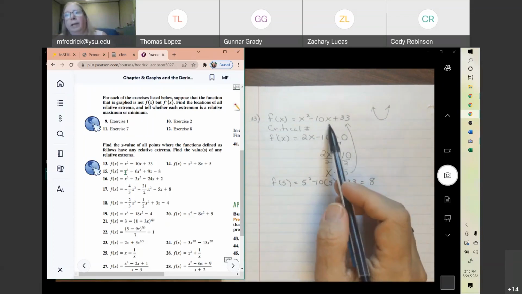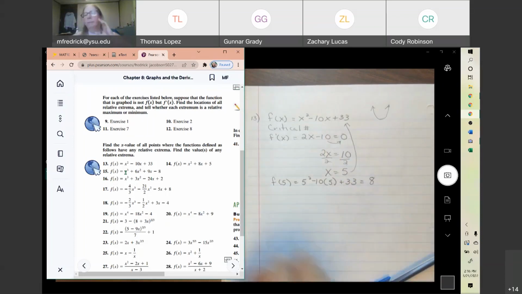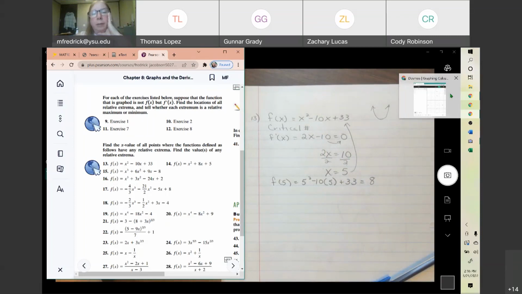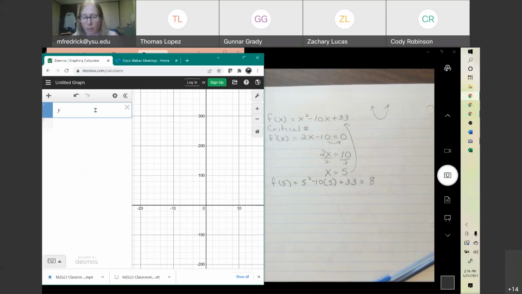Okay, now we're going to look at it using the graph. If we go to Desmos, we're going to graph the one before the derivative, in this case, the original. y equals x squared minus 10x plus 33.